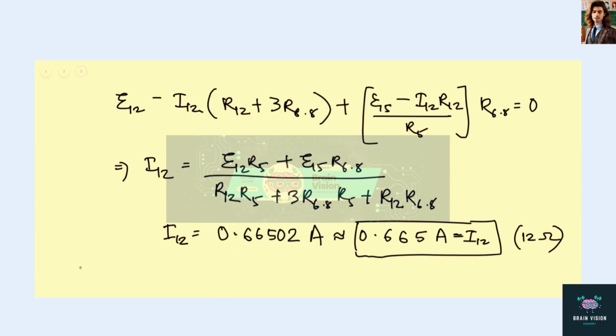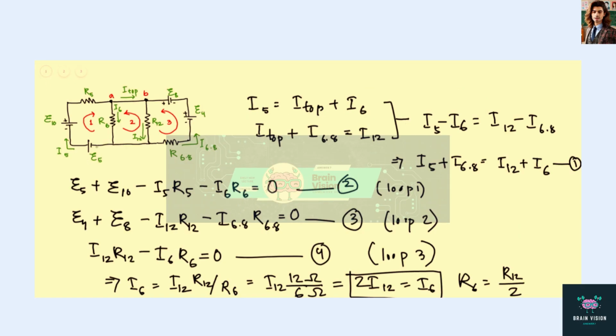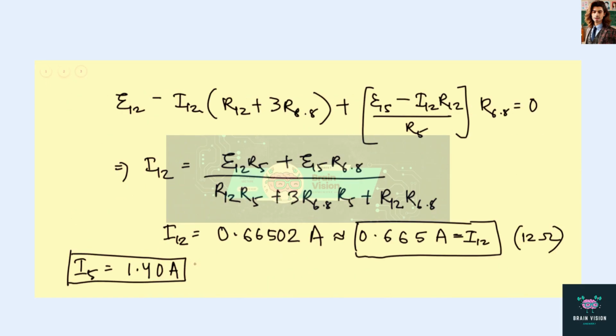Doing that, we find I5 to be nearly equal to 1.40 ampere. So this is the current flowing through the 5 volt EMF. Okay, let's just write 5 volt EMF.